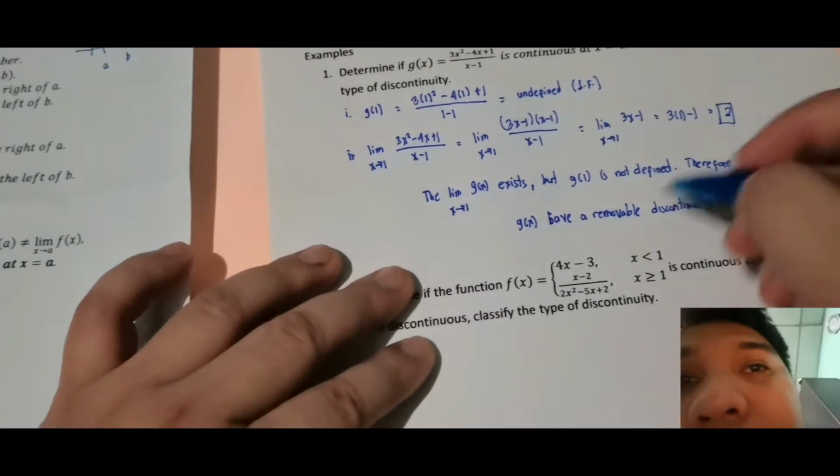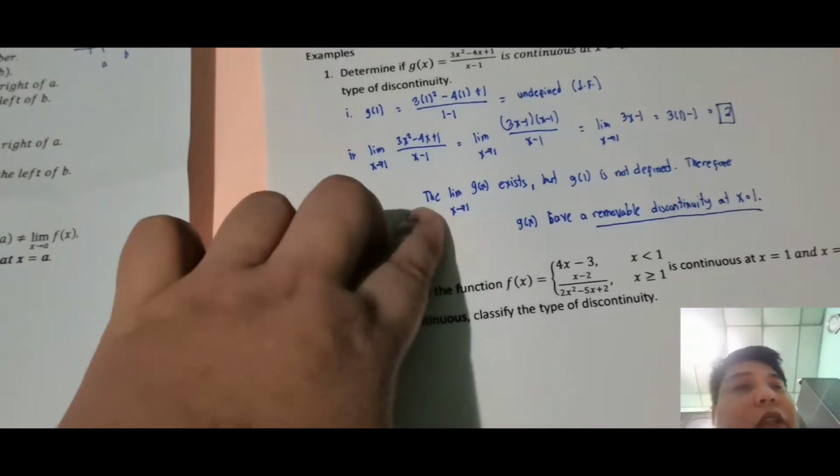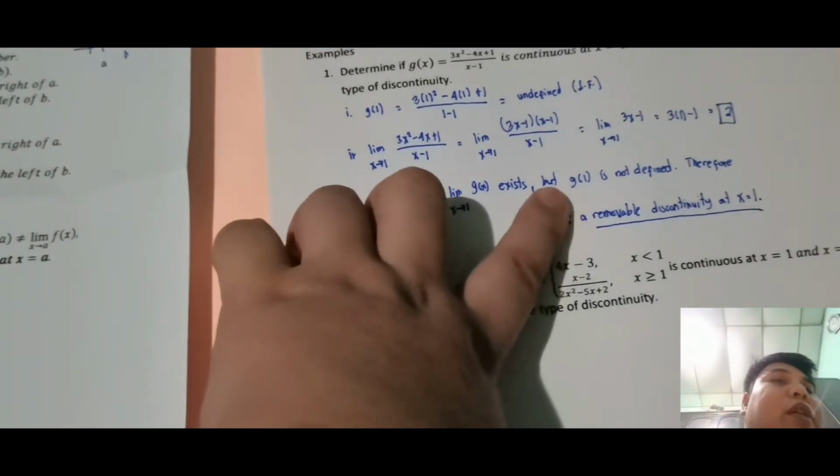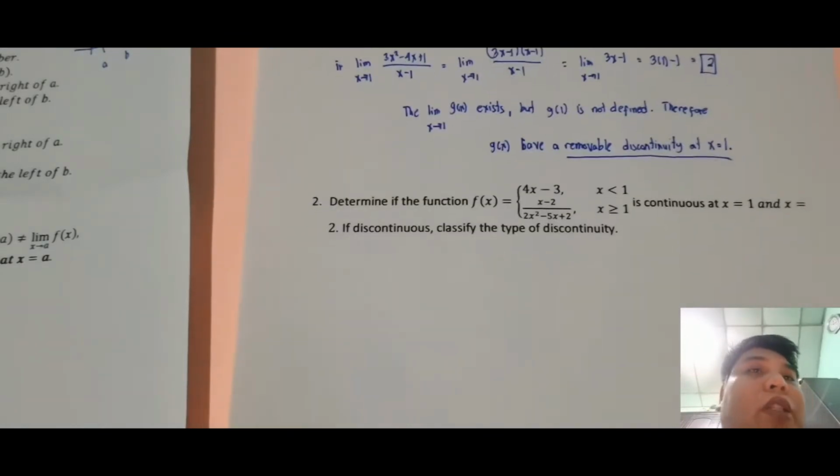Okay, so ito yung pangalan niya: removable discontinuity. Bakit? Nag-exist yung limit pero undefined yung g of 1. So, ganun siya, kadaling paraan ma-check.